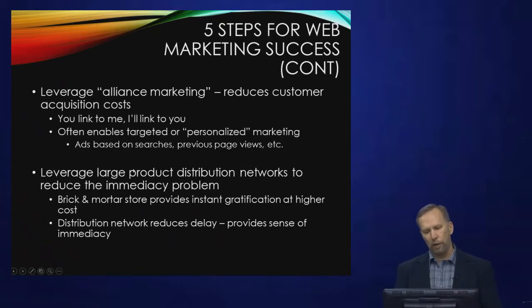And so if we leverage those distribution networks, we can minimize the impact of the immediacy factor that causes people to go to brick and mortar stores instead of utilizing an online website. So, important thing to do. So those are 5 steps that we want to consider when we're trying to market our website and make sure that people know it's out there and use it.